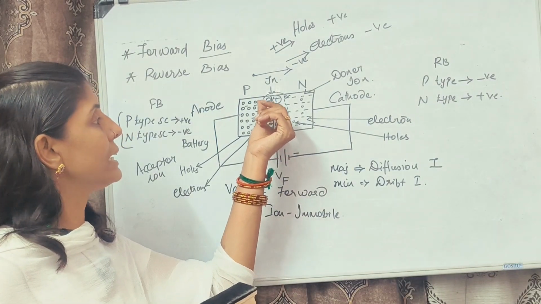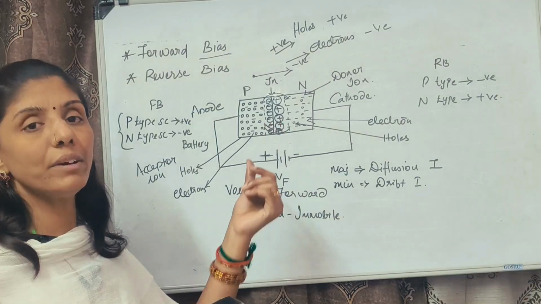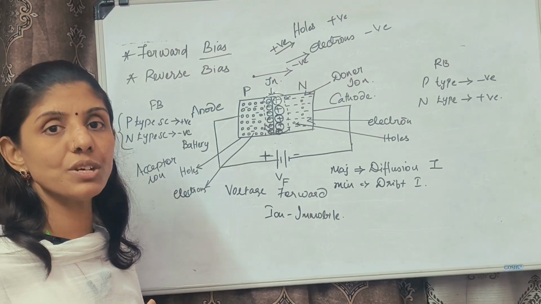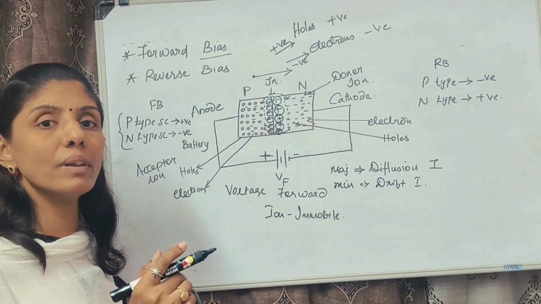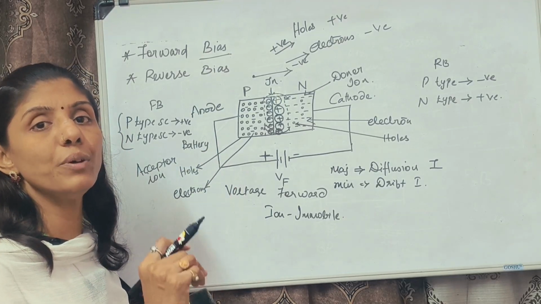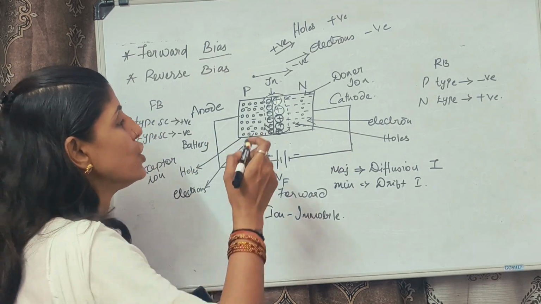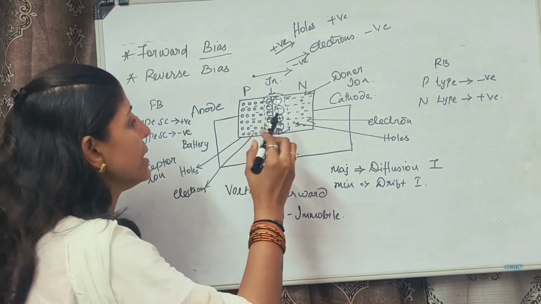Near the junction, in the depletion region, there are negative ions. Positive holes and negative ions will recombine. Once recombined, it becomes neutral, with null charge, right?